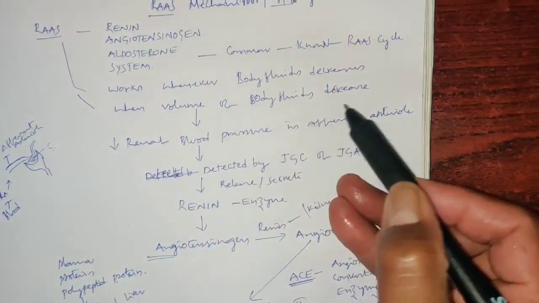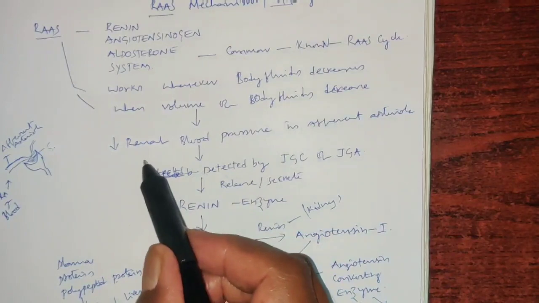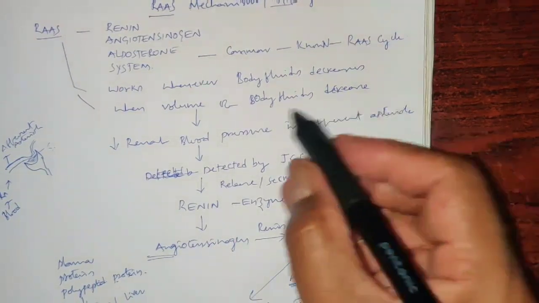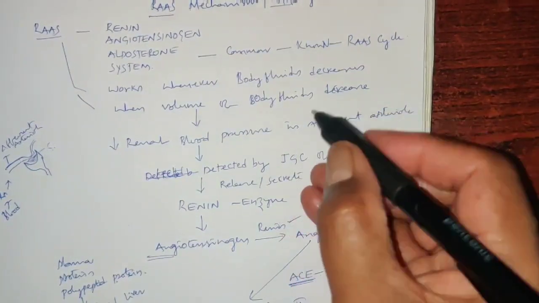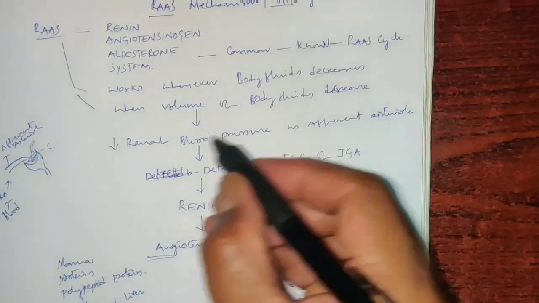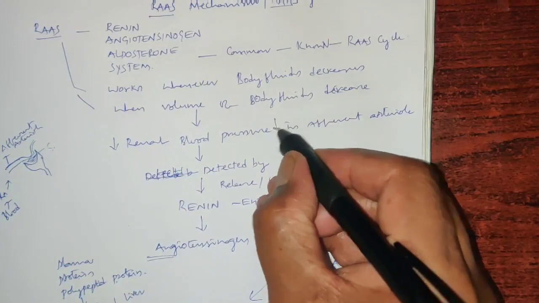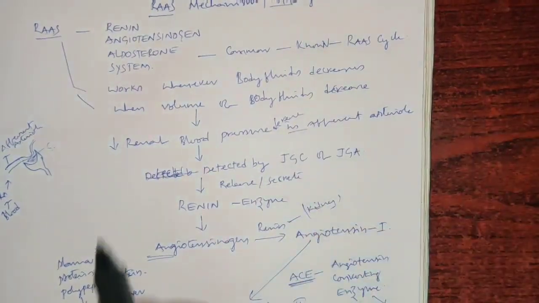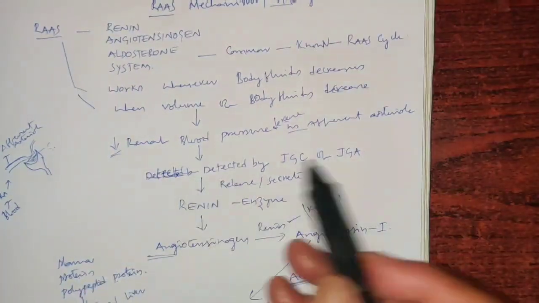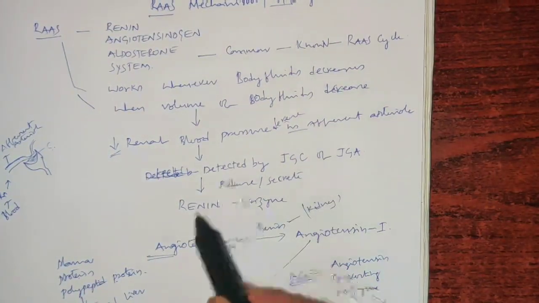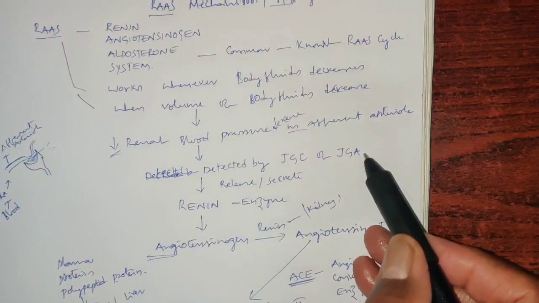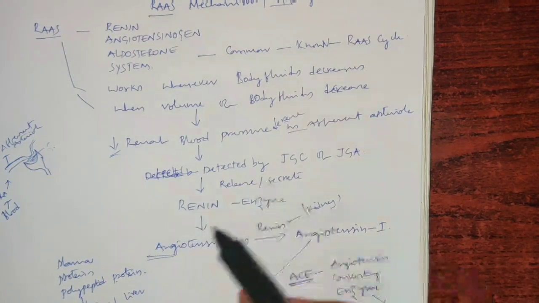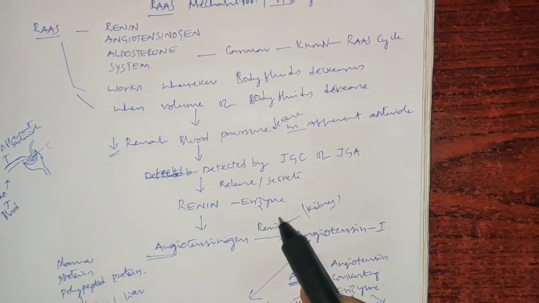Whenever the volume of body fluids decreases, the renal blood pressure decreases, that means a decrease in the afferent arteriole. This is detected by the juxtaglomerular cells of the kidney, and they release the renin enzyme.